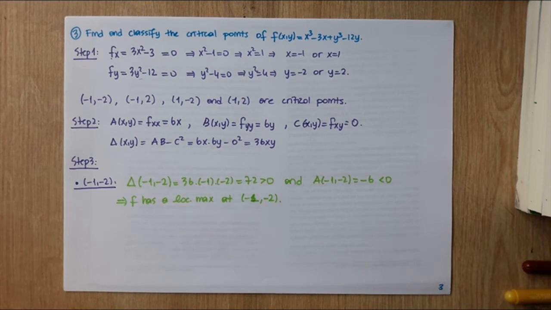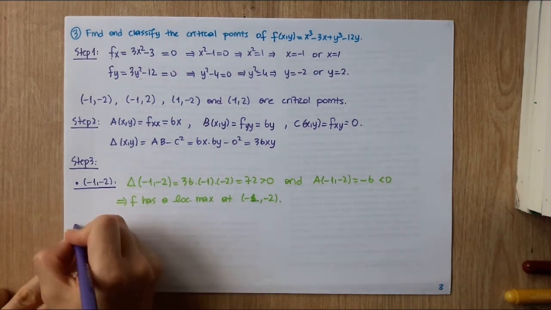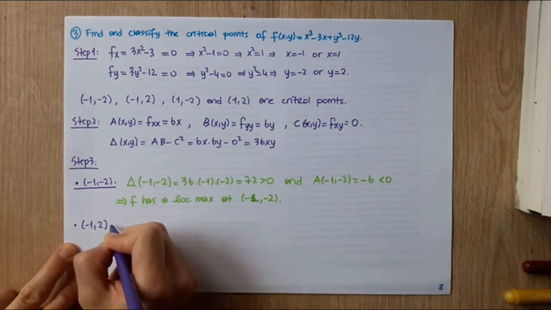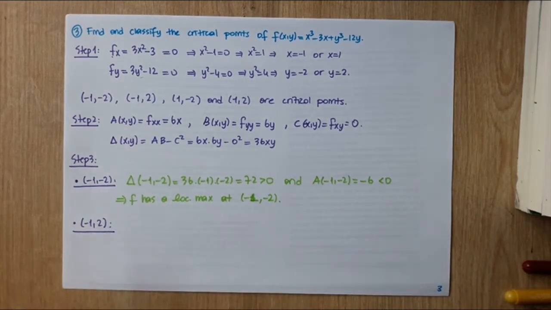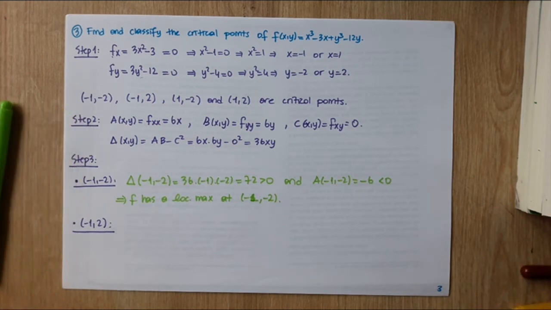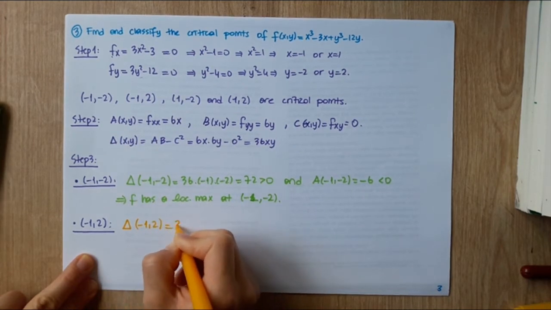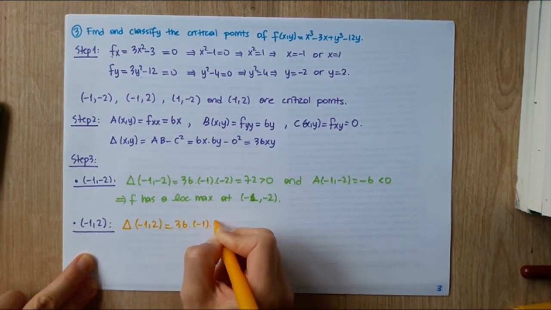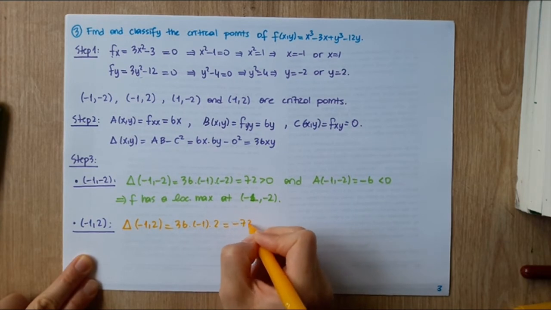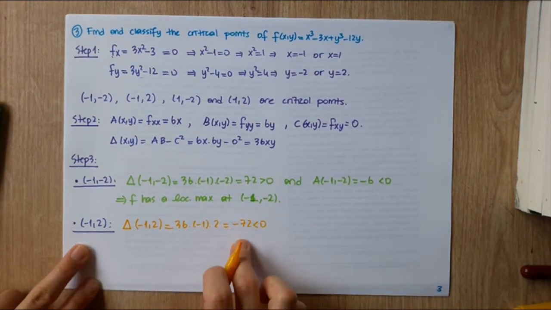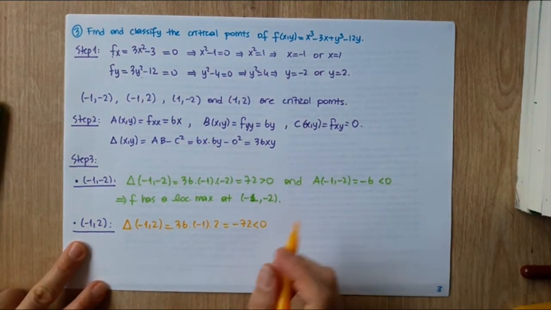Let's check the second point, which is minus 1, 2. Again, I will check my delta. Delta at minus 1, 2 is 36 times minus 1 times 2, which is minus 72, which is less than 0. If it is less than 0, there is no need to check the sign of a.